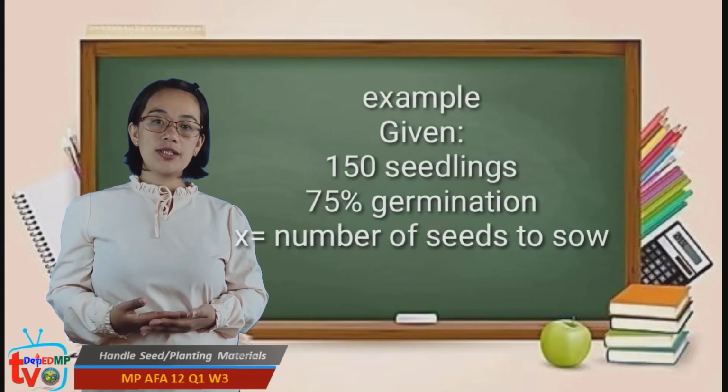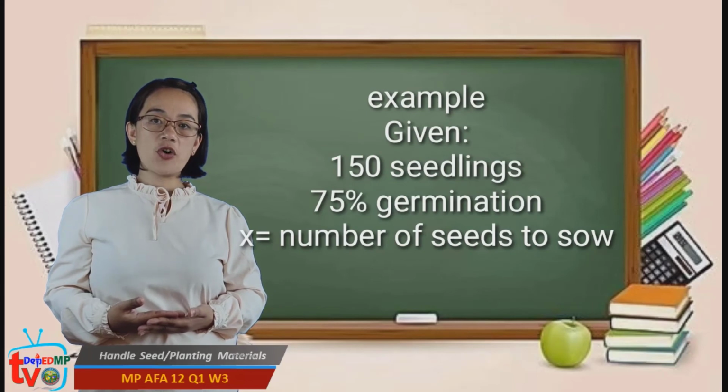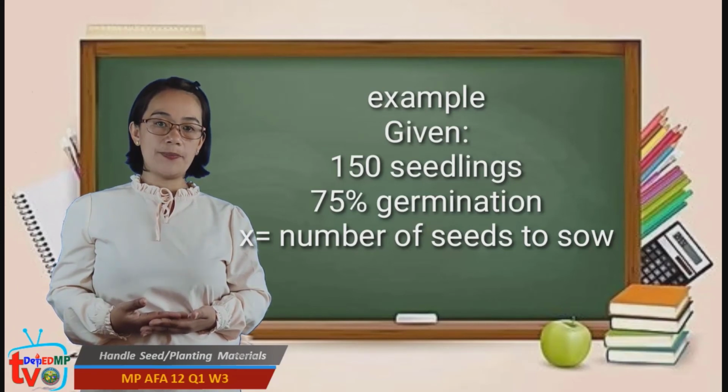Example: you need 150 seedlings for your garden. You found out that your seeds have only 75% germination. How many seeds will you sow? Let X be the number of seeds to sow, or your adjusted seeds. Given 150 seedlings and 75% germination.